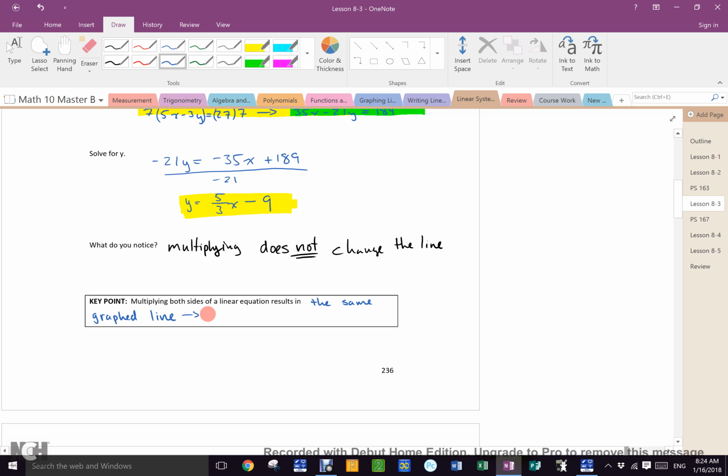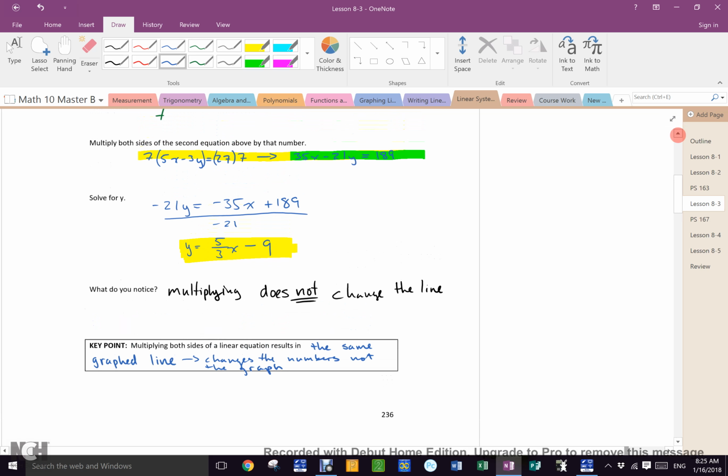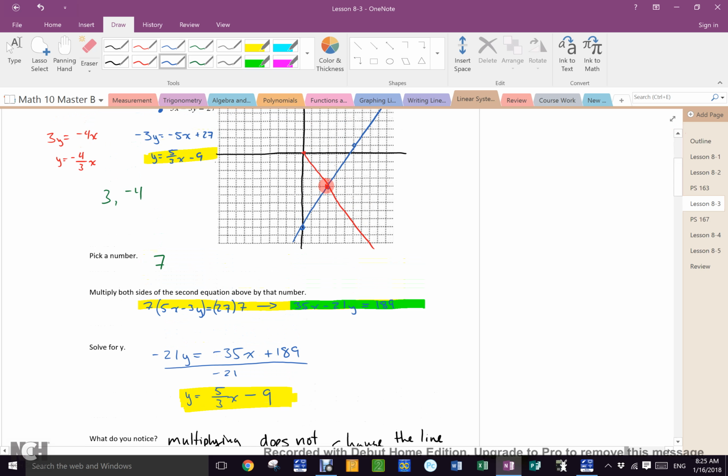So it changes the numbers, not the graph. Which means, would it change my solution? No. Everybody cool? I can change the way the equations look and still get the same solution.